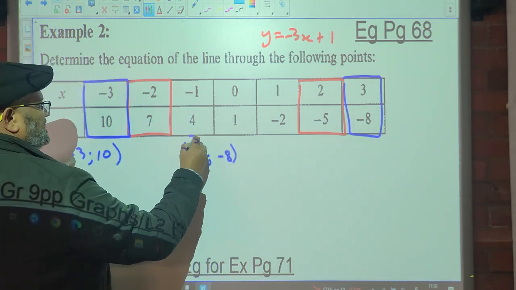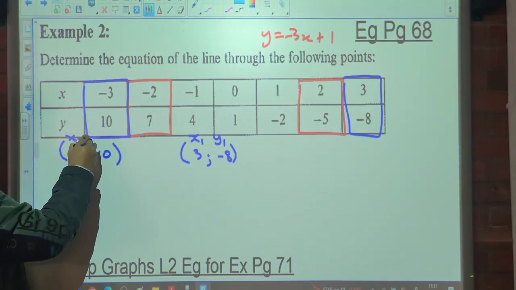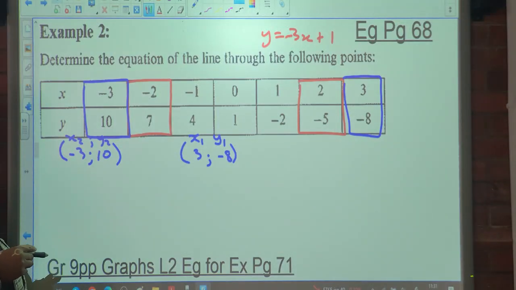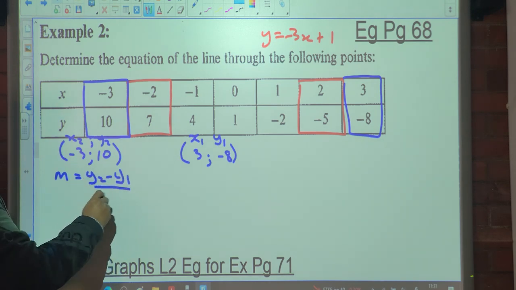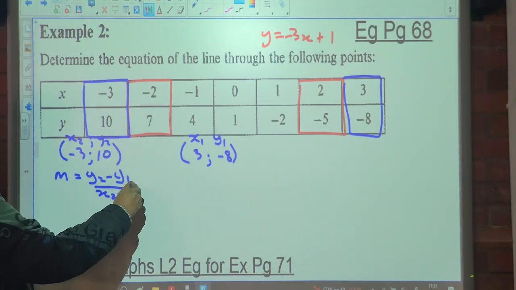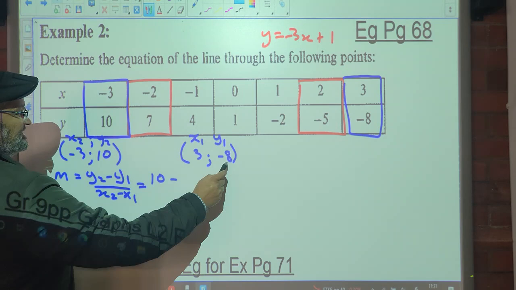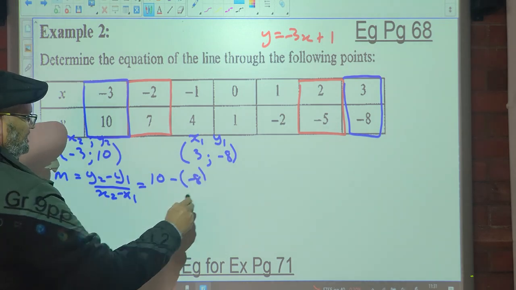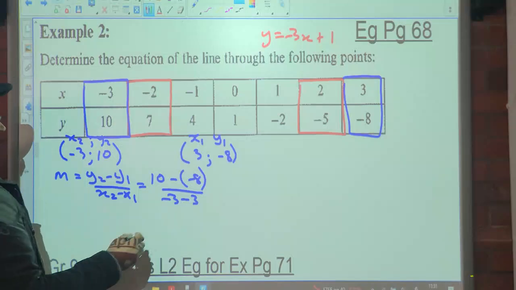If I made this x1, y1, then this would be x2, y2. Alright. So to work out the gradient, y2 minus y1 over x2 minus x1. So what's the y2 value? 10 minus negative 8 over negative 3 minus 3.